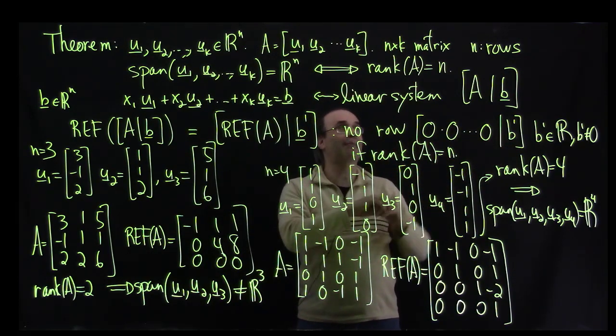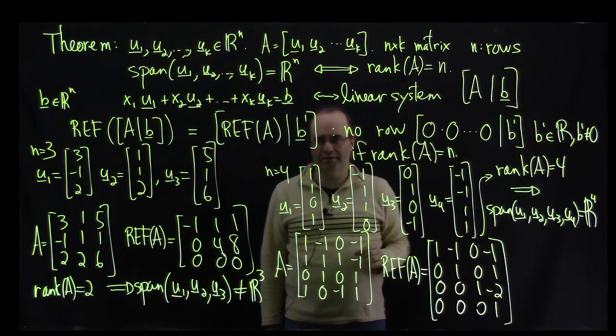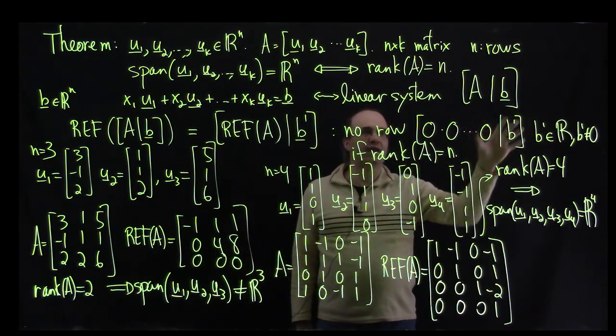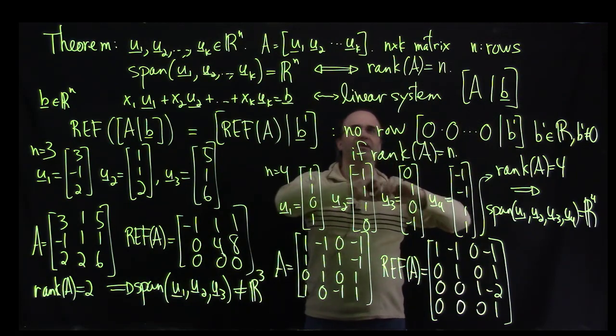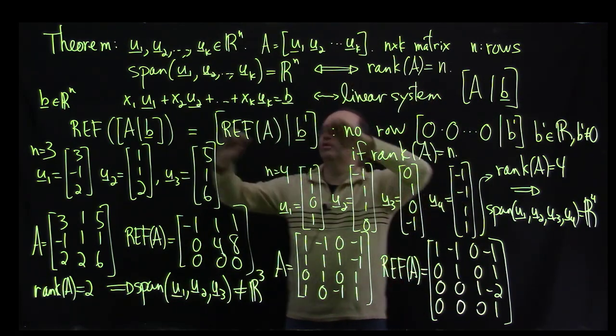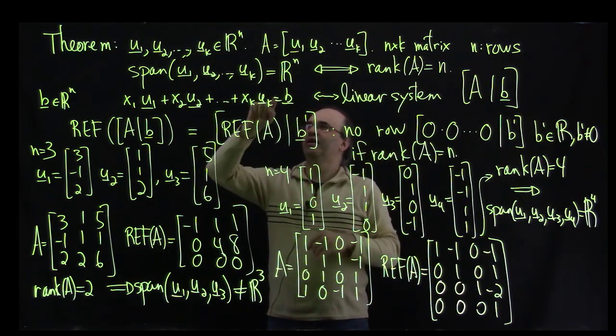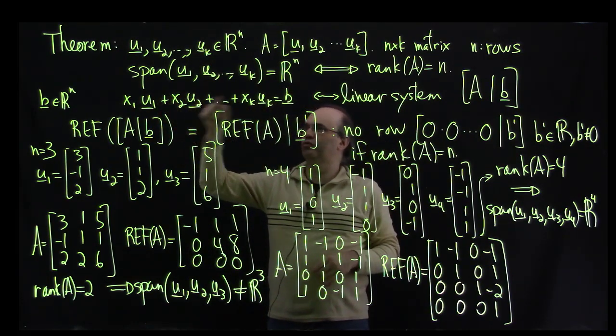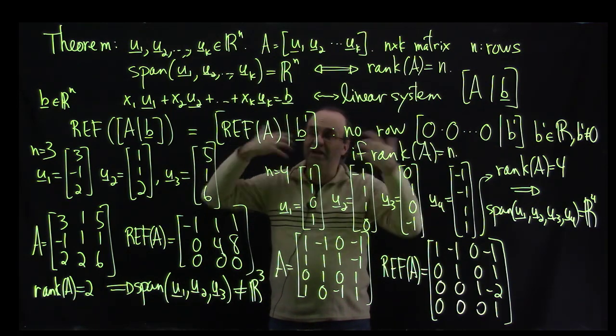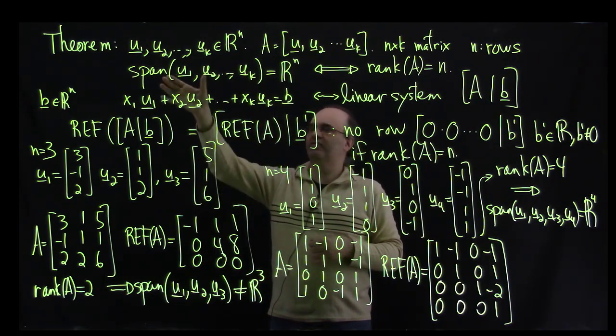But here this doesn't happen when the rank of A is n. So there are no rows like this, so this system has a solution. So this vector equation has a solution, which means that B is a linear combination of u1, u2 up to u sub k, which means by definition that B belongs to the span of those vectors.